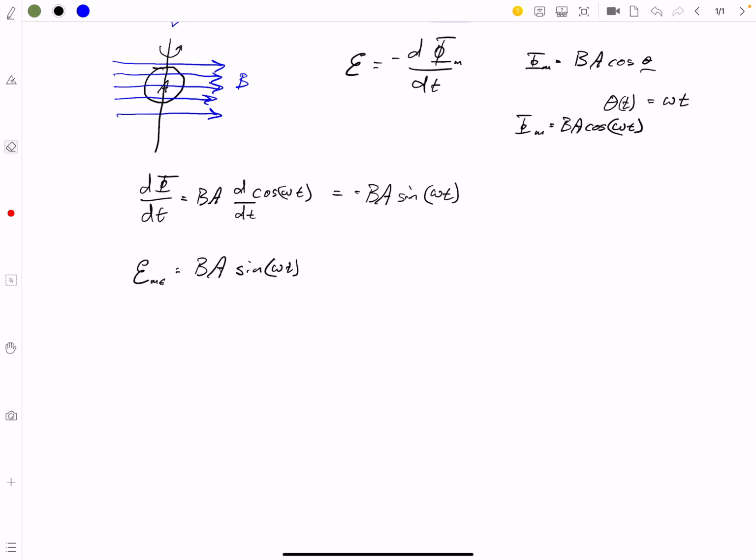We need an omega here. There's our omega. And then this bit right there is our maximum. Okay, so we can then write our EMF is equal to EMF max times sine of omega t.